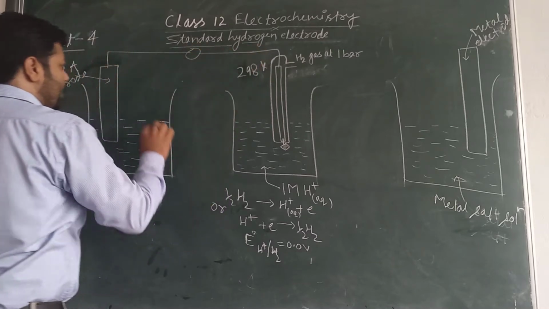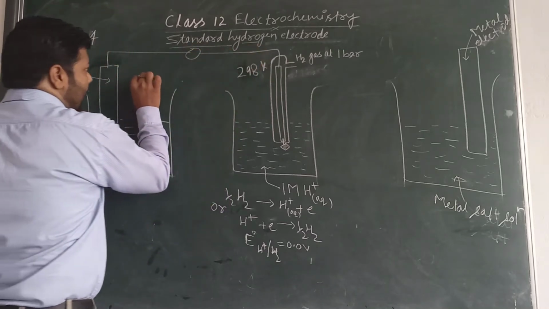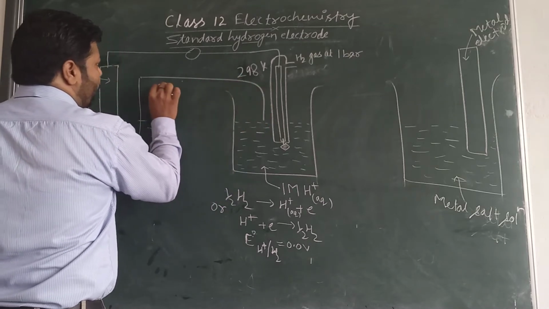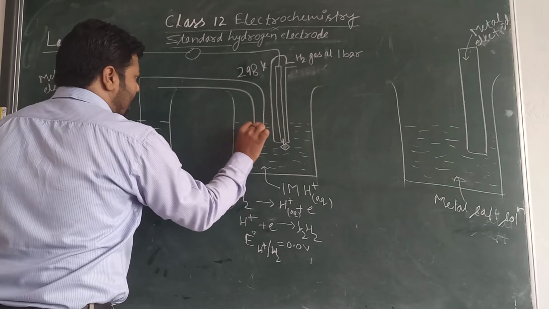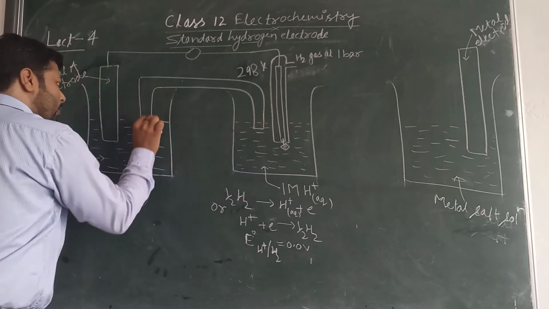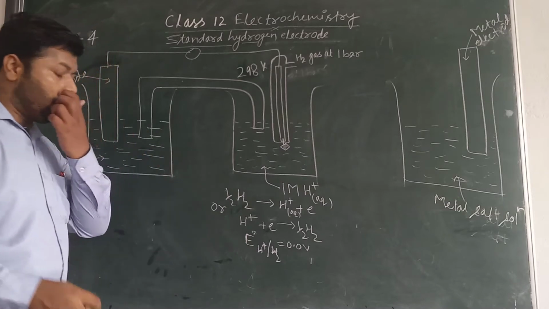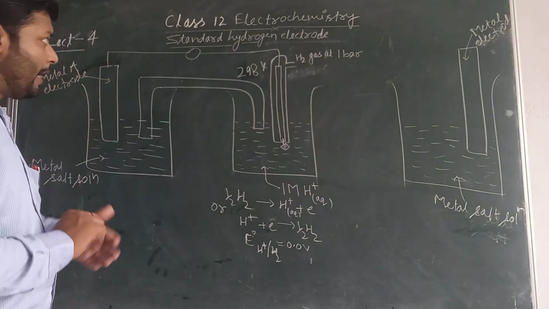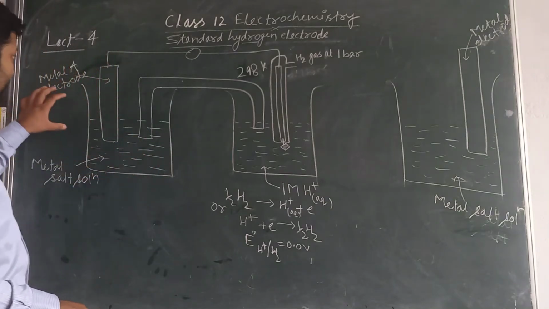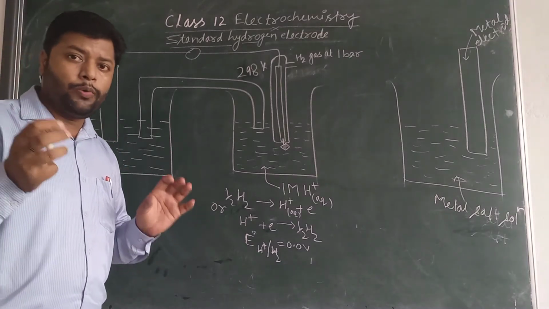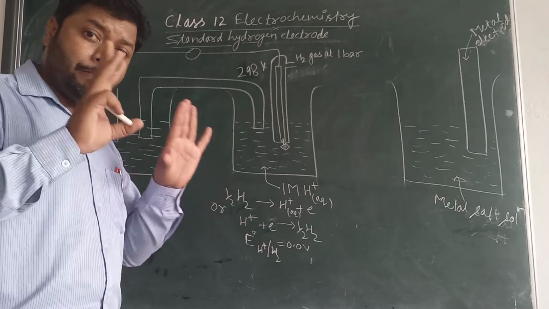We have to make one electrochemical cell that will clarify the position of the electrode potentials when they are attached. So now we have one electrochemical cell in which metal A, which could be any type of metal, is connected with hydrogen.